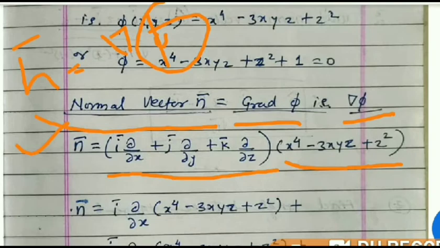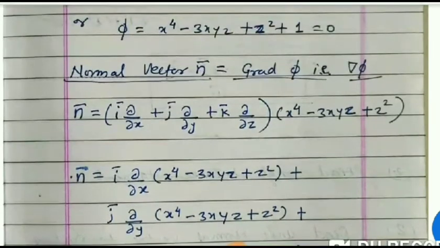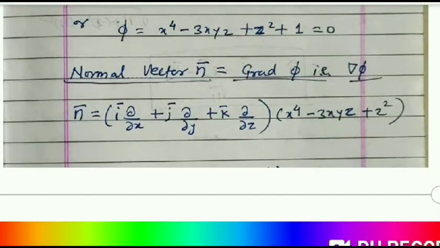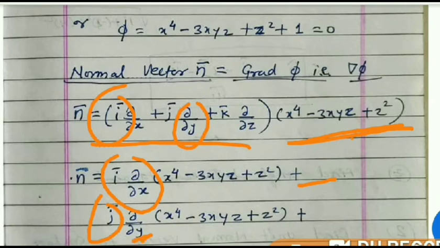Here 1 is a constant, therefore we neglect it. So i del by del x of this value, plus j bar del by del y of this value, plus k bar del by del z of this value.